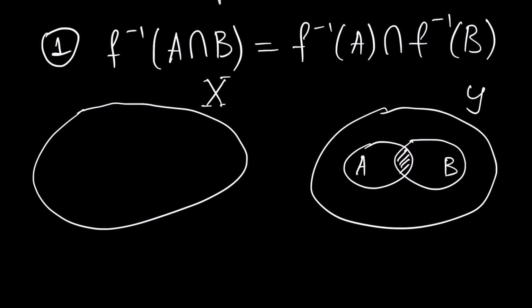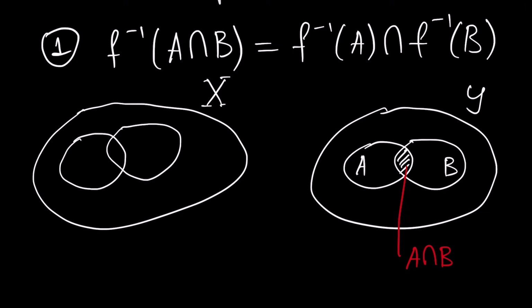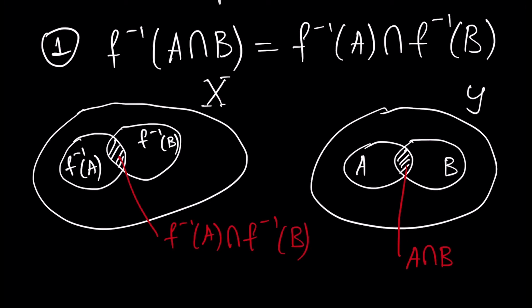This is A intersected by B, and these sets A and B have a pullback inside the set X, and this will be f minus 1 of A. This is pullback of set A, and this is f minus 1 of B. This is pullback of set B, and this intersection is f minus 1 of A intersected by f minus 1 of B. So pullback of intersection is equal to intersection of pullbacks.